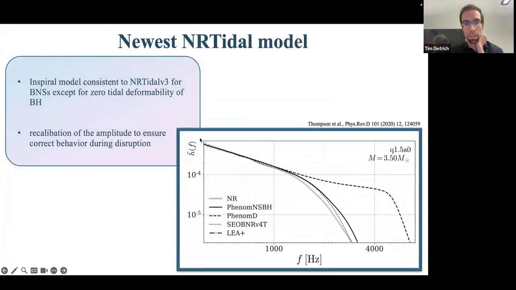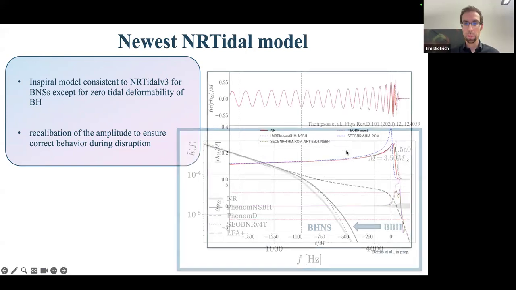So here's a comparison again in the frequency domain, where you have frequency and the frequency domain amplitude of the waveform. From the black hole model, you have this nice ringdown, but if you have, for example, a disruption of the neutron star, you shut off your waveform earlier, so you do not reach these high frequencies, and exactly this shift has to be modeled. In gray is the NR simulation, and in black is one older, already 5-year-old waveform model for black hole neutron stars, which is still currently used for analyzing the data.